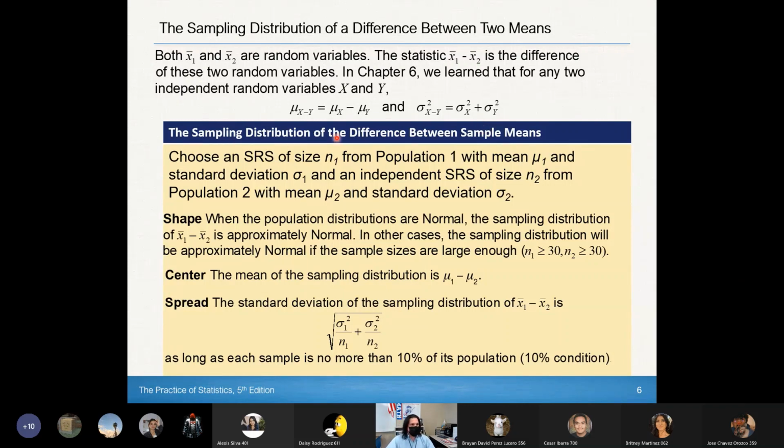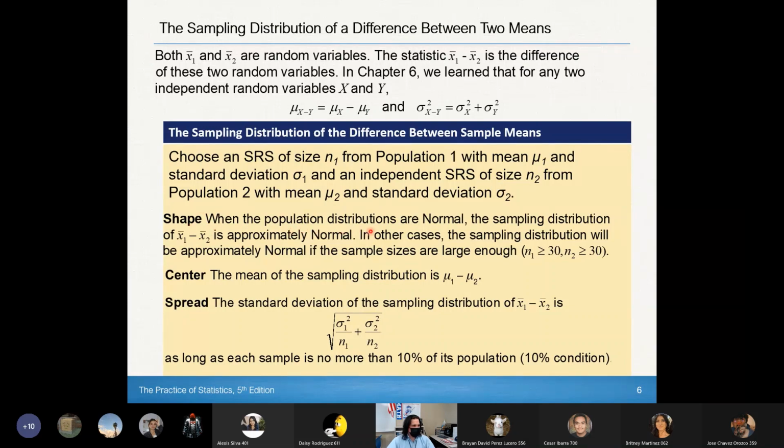The sampling distribution of the difference between sample means. This is kind of important, that's why it's in a box. If we choose an SRS of size n1 from population 1 with mean mu 1 and standard deviation sigma 1, and an independent SRS of size n2 from population 2 with mean mu 2 and standard deviation sigma 2, then we'll have a shape.